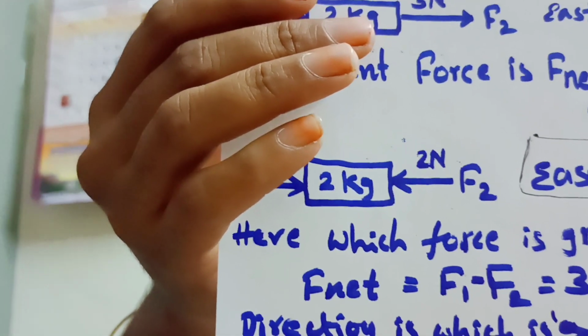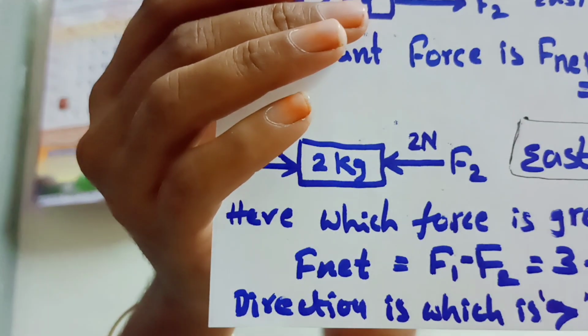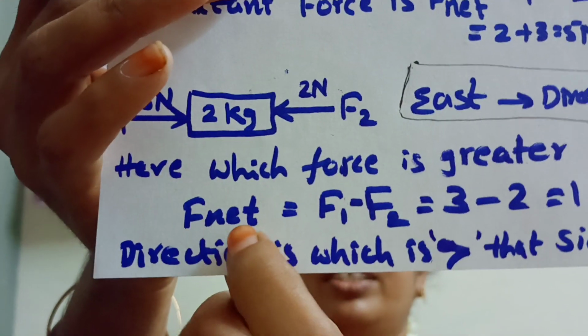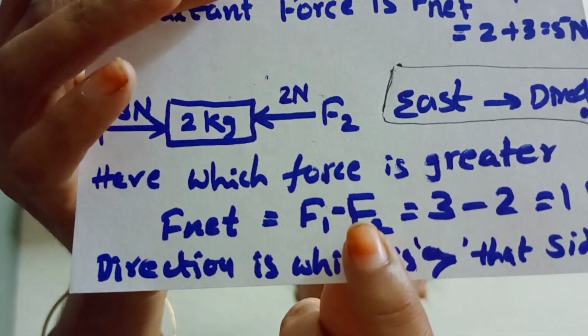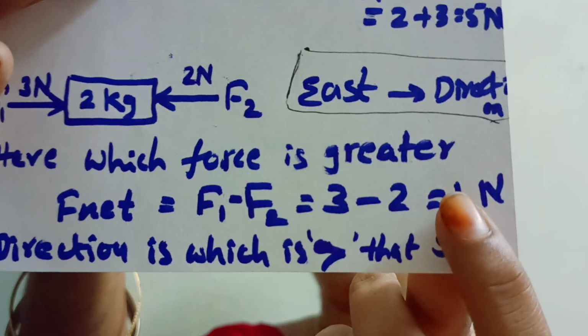F1 force is greater than F2. So the resultant force F net is equal to F1 minus F2, that is 3 minus 2 is equal to 1 newton.